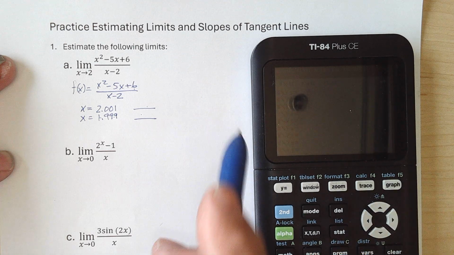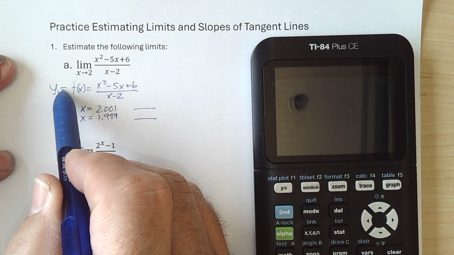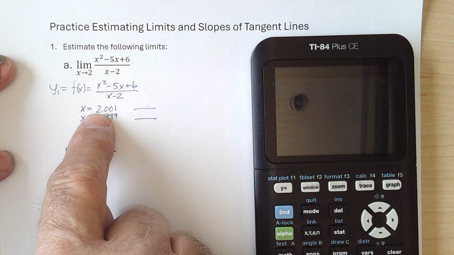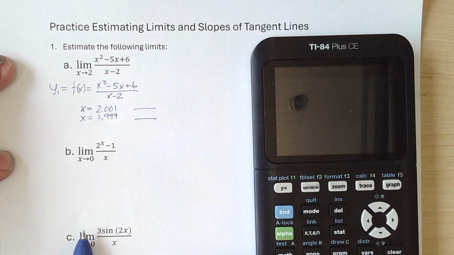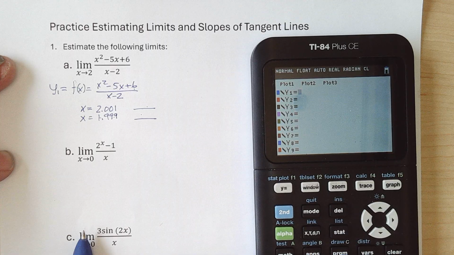Now, if I did it on the calculator, I would type this into y1 and then just go to the table and get close. So here we go, I'll put in y1.